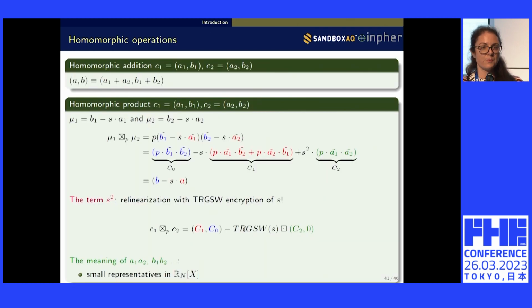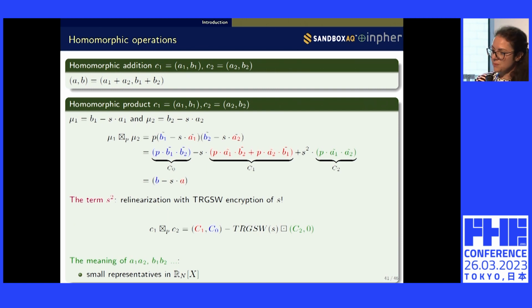Here for the homomorphic operations, the homomorphic addition is the classical one. For the homomorphic product, we will use again this Montgomery formula with the decryption expression. We obtain a polynomial in the secret key S of degree 2. That means now my ciphertext product can be expressed using A and B, that means the red and the blue part.